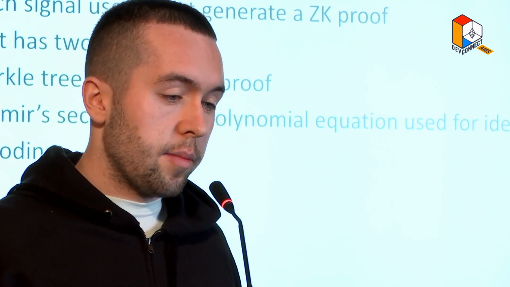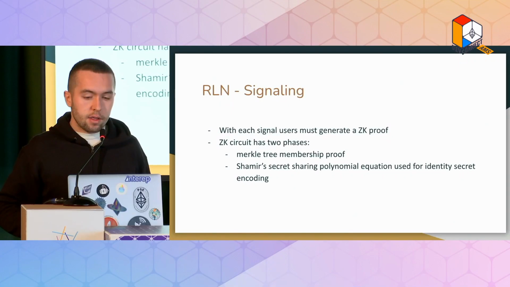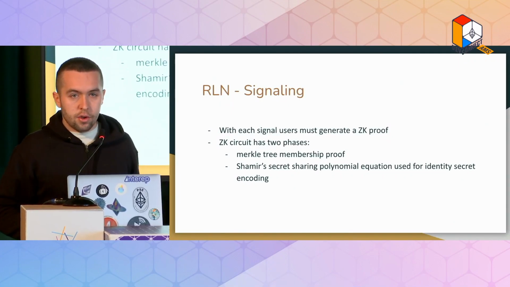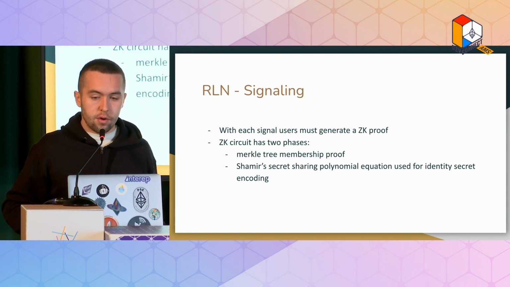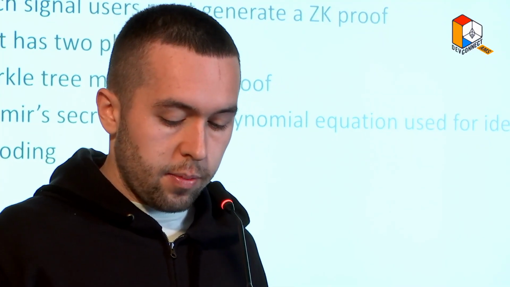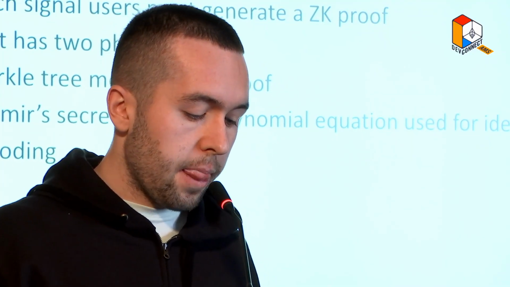So basically the message, the proof, and some other metadata such as the X and Y shares, which are necessary for verifying the proof, and also necessary to enable this spam protection mechanism.